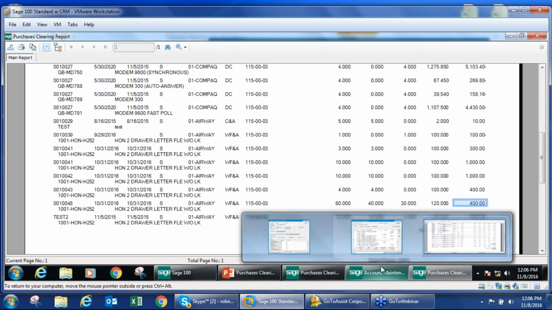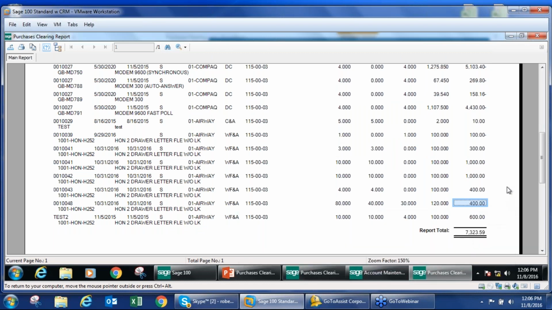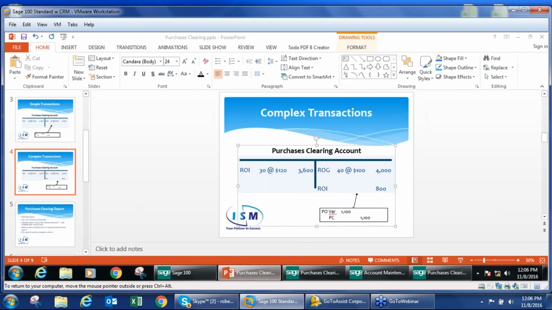Again, prior to 2016, it was very difficult to tie the purchases clearing report to the GL if you had situations like this where you had one PO line that was received on multiple occasions and invoiced on multiple occasions.